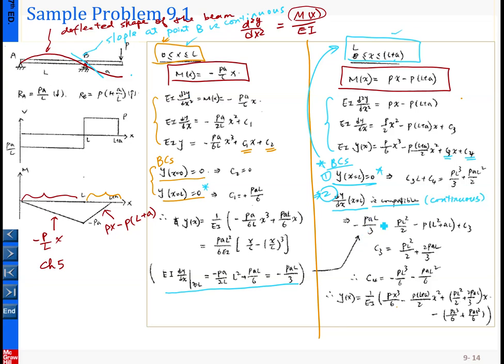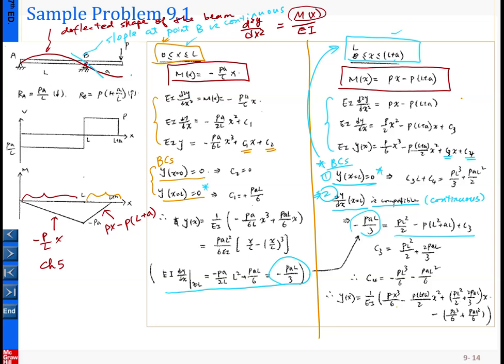So for this segment, you can utilize this information. We know the slope equals this number that propagated from here, and from here we got the second boundary condition. This demonstration of the big concept allows you to take advantage of the continuity of the beam and pass information from one segment of the beam to another segment.